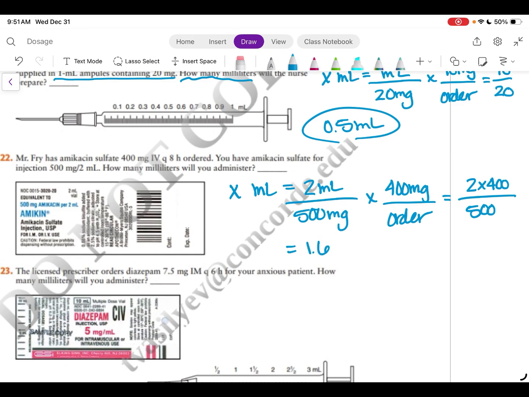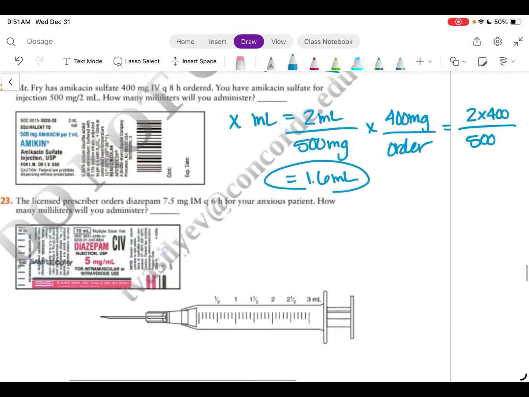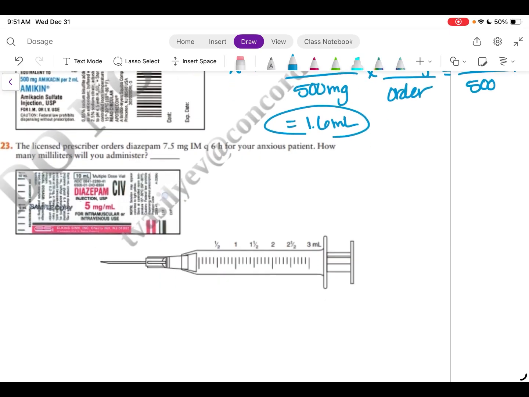I get 1.6 as my answer. Number 23. You have an order for 7.5 milligrams of diazepam, right? How many milliliters are you going to give?